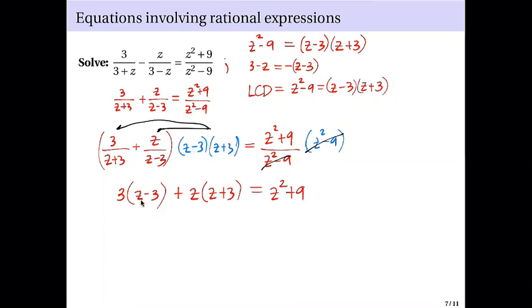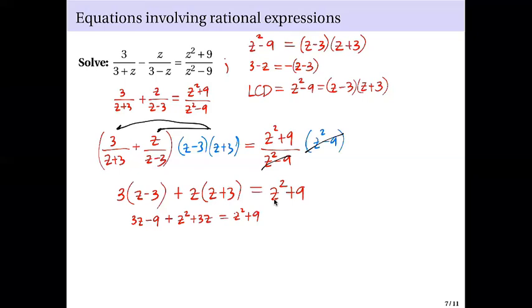And then we just need to simplify this. Let us see what we can get from this equation. You have the 3z minus 9 plus we have the z squared plus 3z, and this is equal to z squared plus 9.